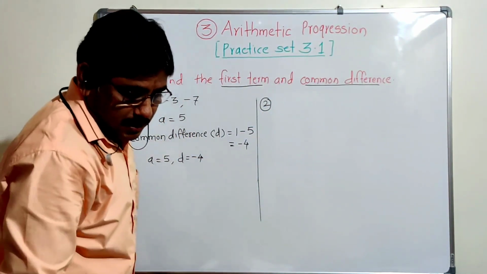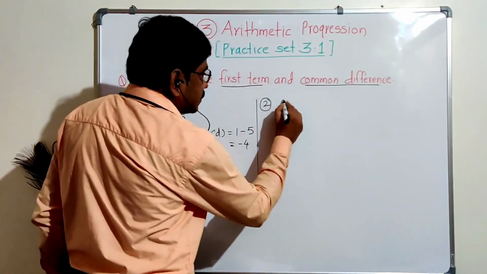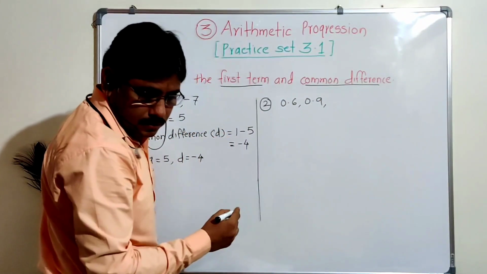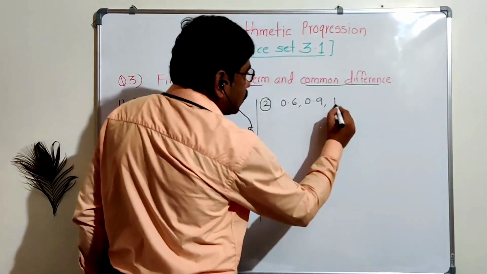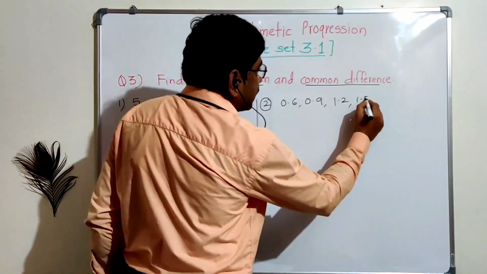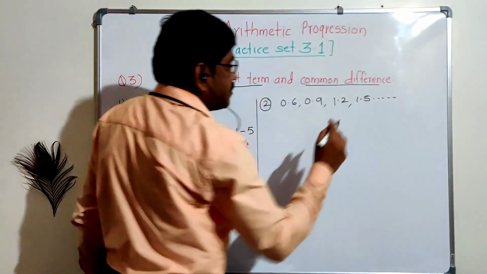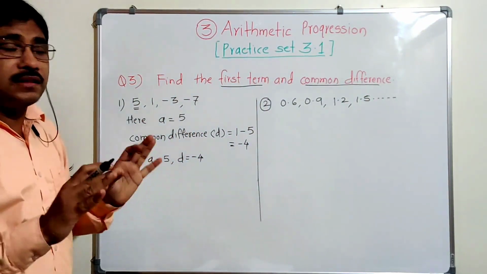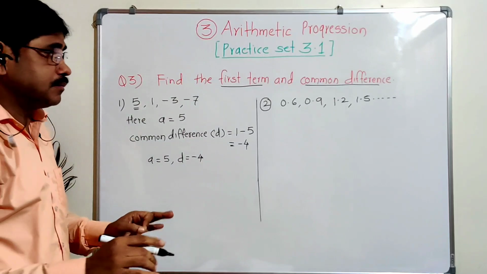In the second example 0.6, 0.9, 1.2 and 1.5. This is an AP. Already AP. No need to do all other things. Only write the first term.